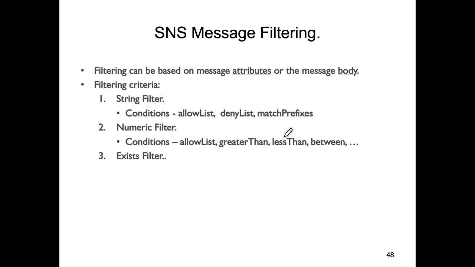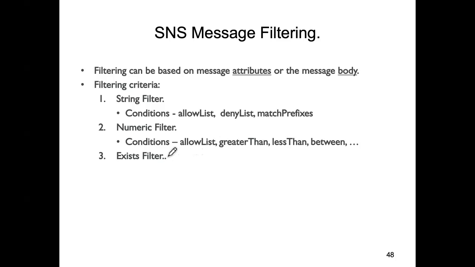The third option is where you're just going to say, look, let's say we're using attribute-based filtering, if the attribute exists, then I want it to go through. If it doesn't exist, I don't want it to go through.